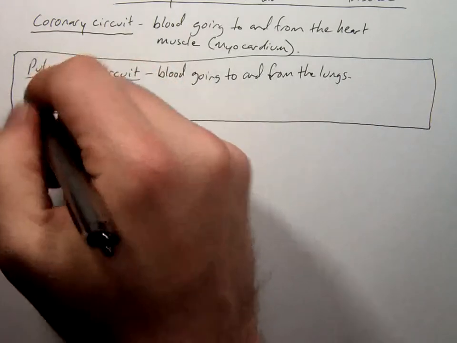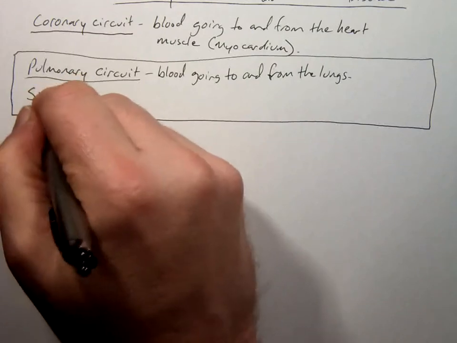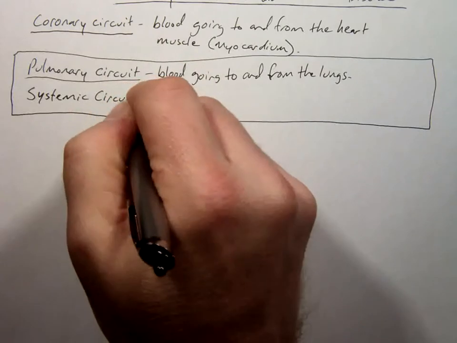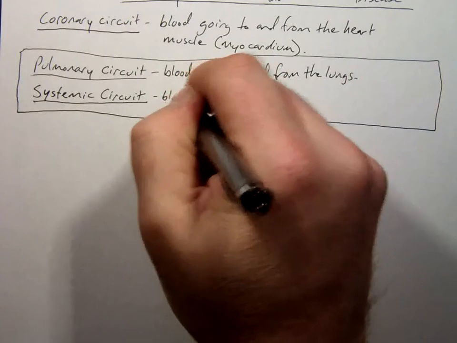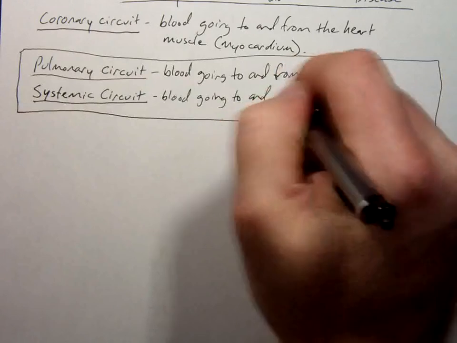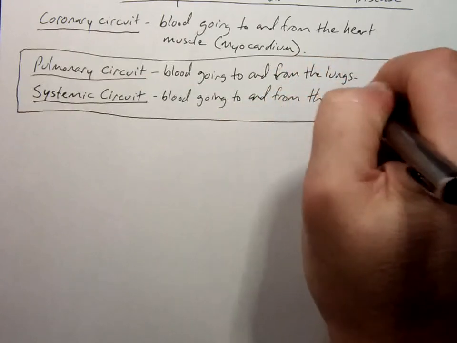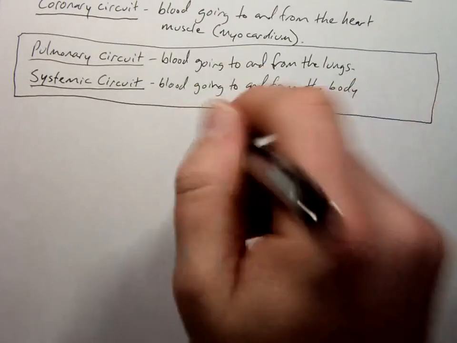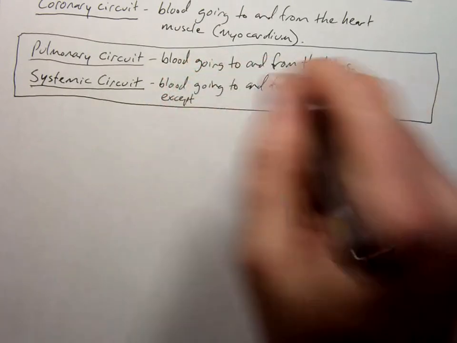This next circuit here is very important. This is pretty much everything. That's called the systemic circuit. This is blood going to and from the body, except the heart.